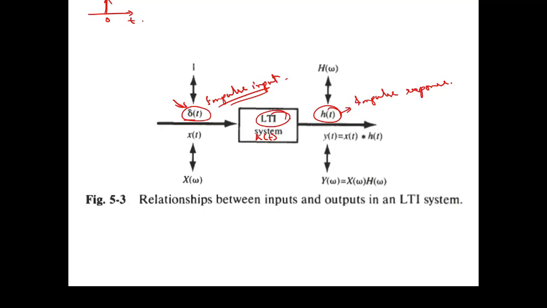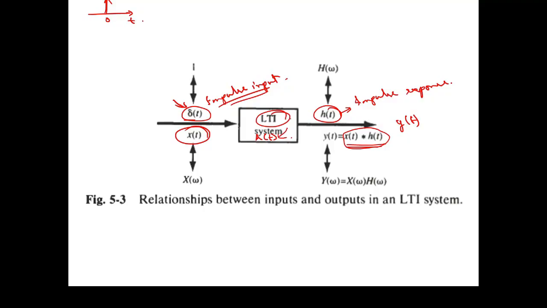Now, when we have an input x(t) to an LTI system having an impulse response h(t), we can predict the output y(t), which is given by x(t) convolution h(t). Now convolution is a slightly mathematically tedious form.